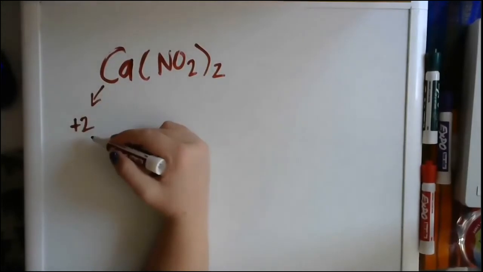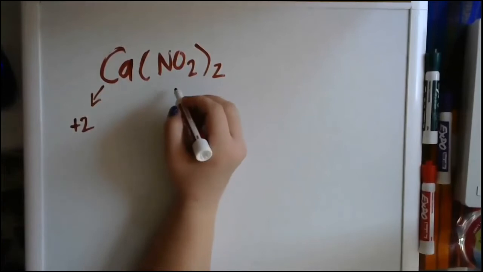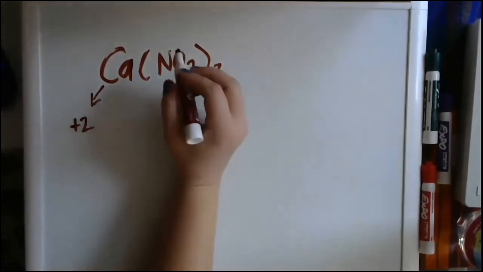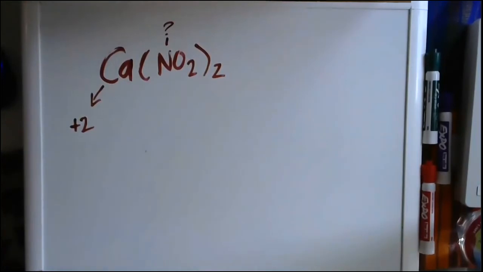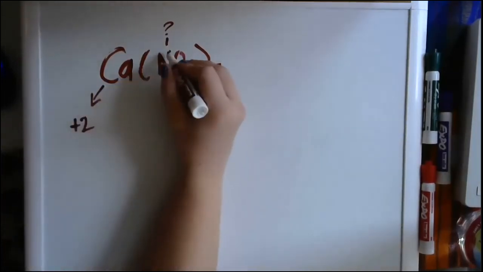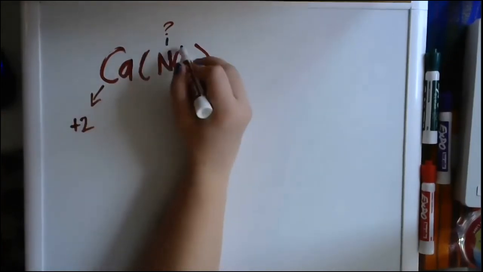My calcium is positive 2. I have 2 nitrites. That means that I have, we'll put a question mark by the nitrogen, because whatever is last on our list that we were given initially, that's what we're going to solve for in the end. So nitrogen is lowest on the list, or last on the list. So we're going to figure that one out last.